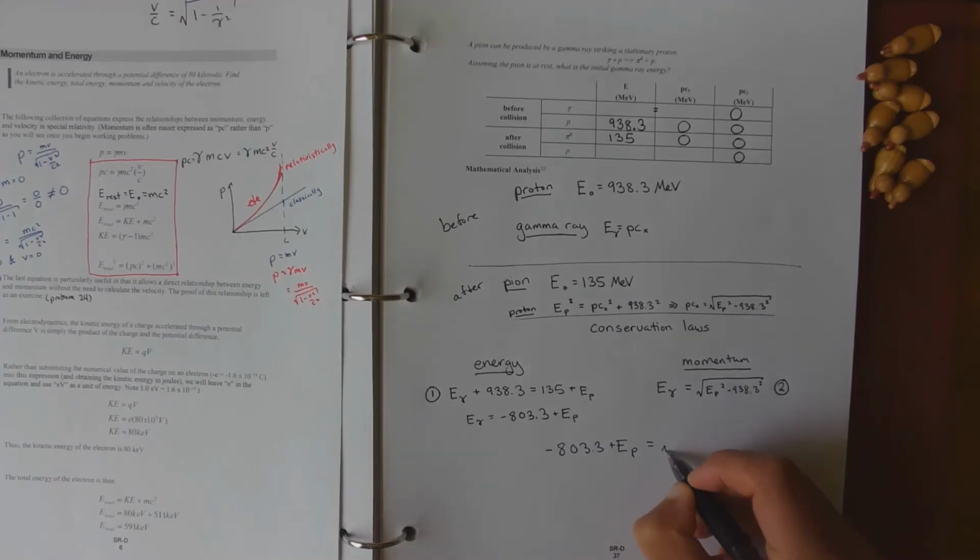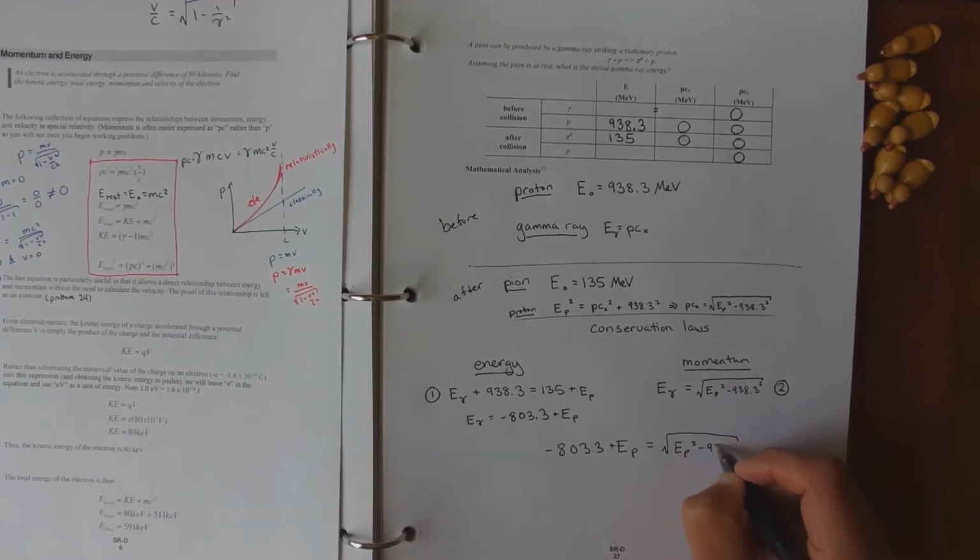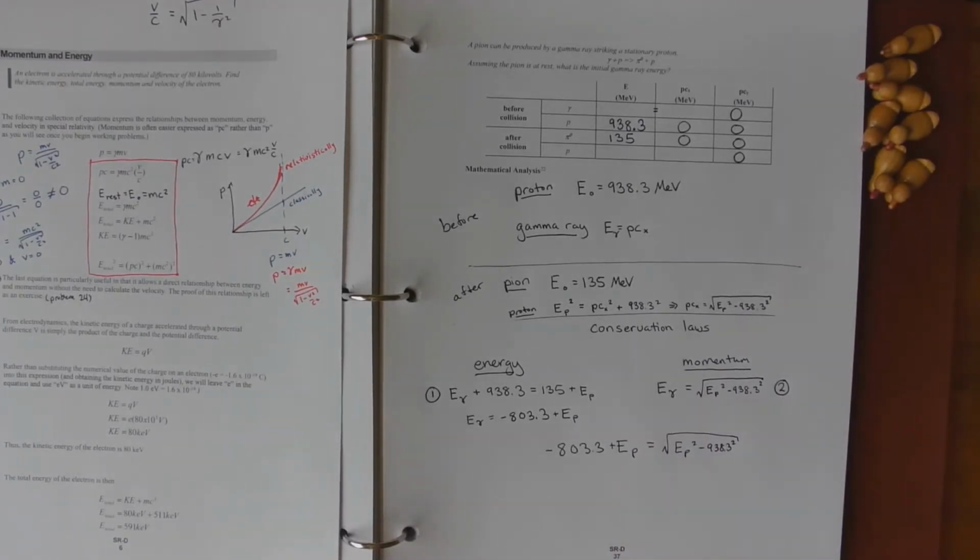Is equal to the square root of EP minus 938.3 squared. Now we're going to square both sides and see where that gets us.